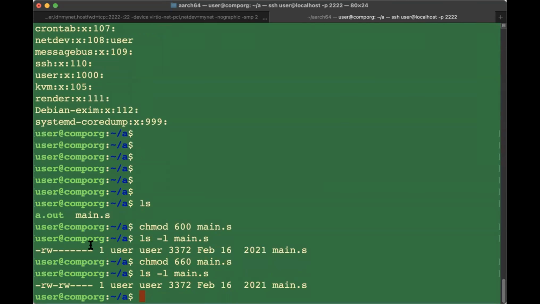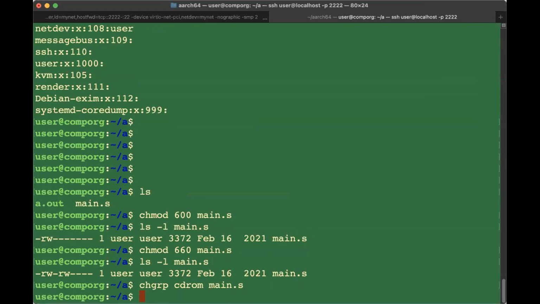And now I have read-write permission for myself and read-write permission for everyone in the group. I would also have to, here, I'll show you. chgrp, change group, to the, I saw one a moment ago, the CD-ROM group of main.s. Now let's look again.